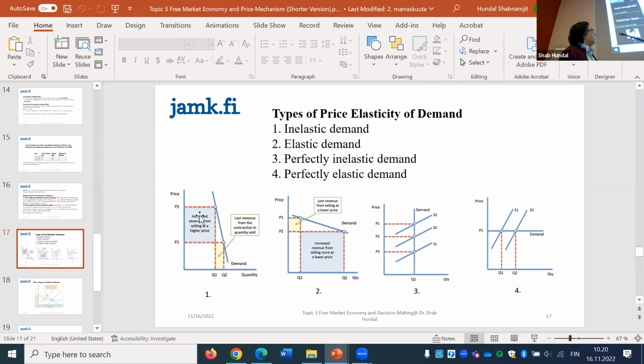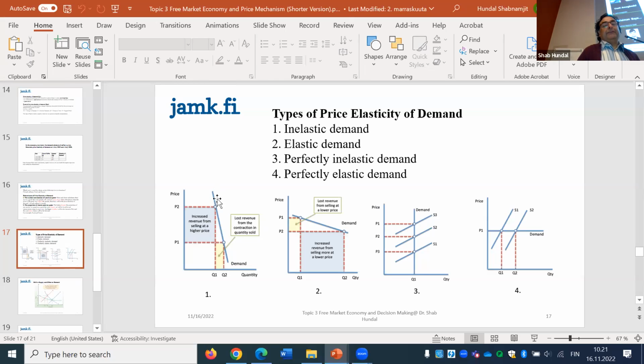You can see that the delta D is smaller and delta P is larger. So in this case, should I say that the elasticity of demand is more or less? What should I say?